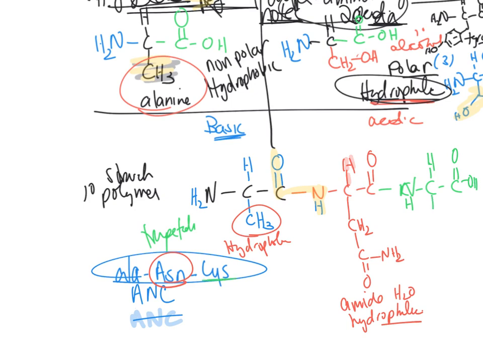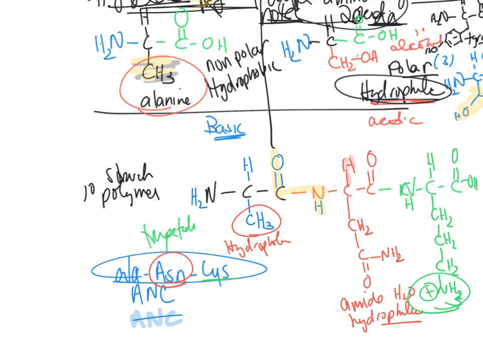And this is lysine. Lysine has 4 carbons. Under your basic, you have CH2, CH2, CH2, NH2, which a lot of times would be protonated at physiological pH.